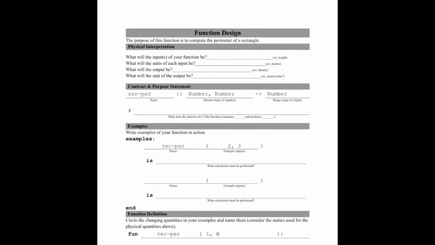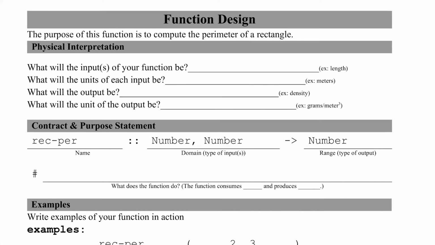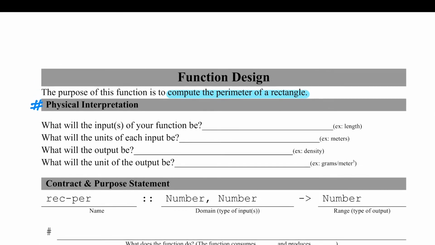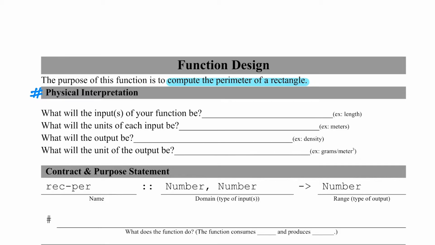All right, so let's go ahead and complete the design recipe. The purpose of this function is to compute the perimeter of a rectangle. Again, I want to remind you that each section should get a hashtag in front of it. So the inputs of our function, in our input machine, we'll draw a very rough function machine, and our inputs were length and width.